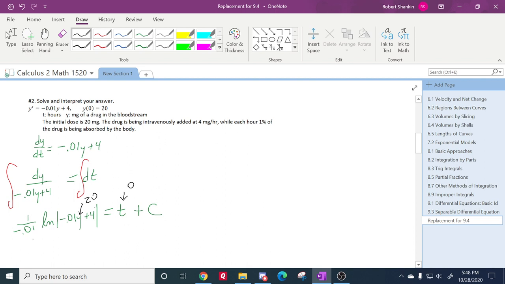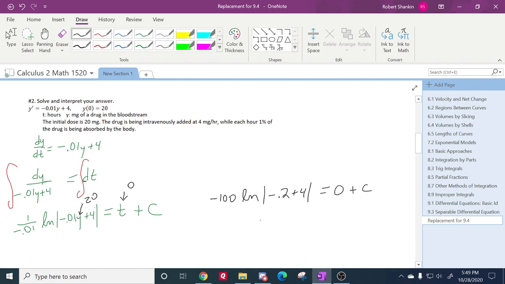Now, this is going to be what? Negative 100. When you reciprocate 1/100th, you get 100. ln, and then 20 times 0.01 is 0.2, so it's negative 0.2 plus 4 equals 0 plus c.